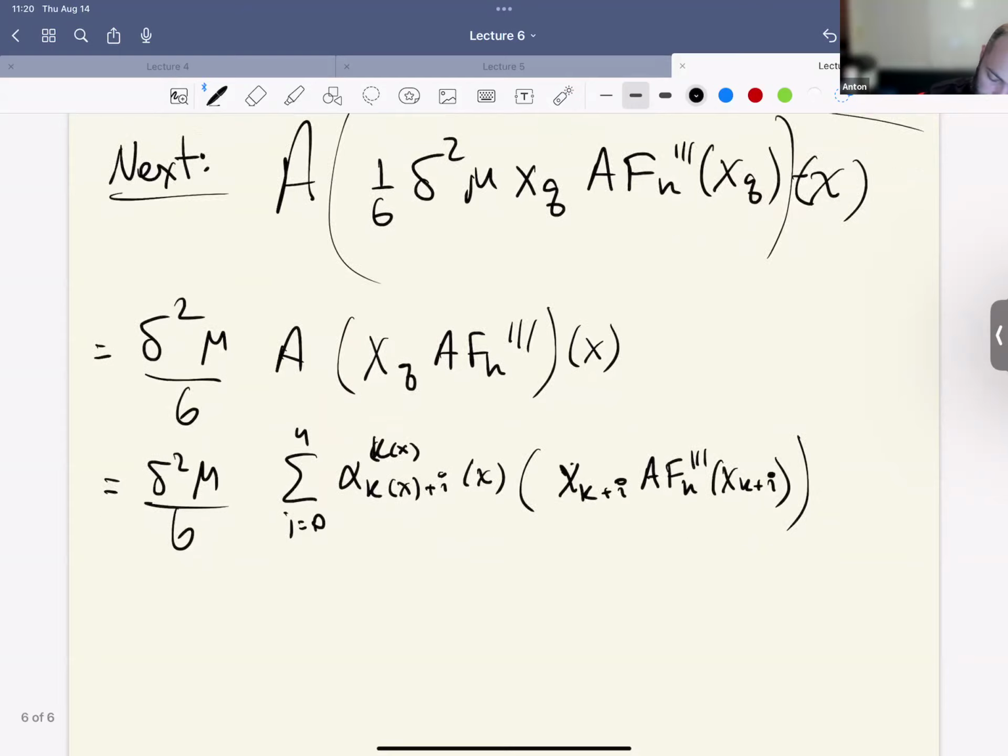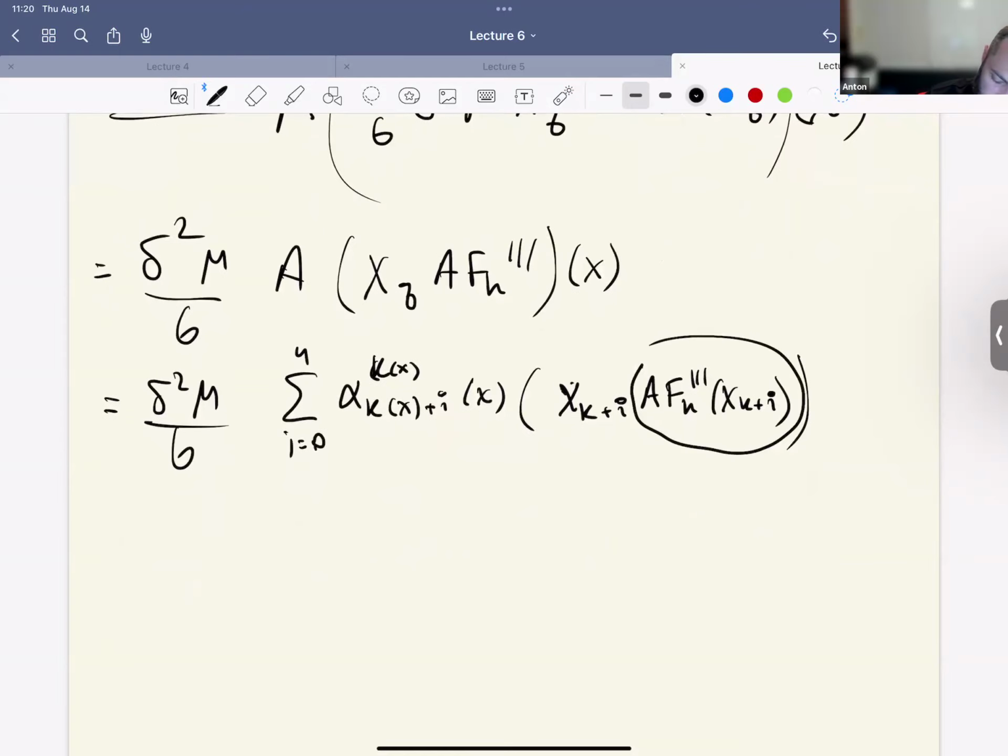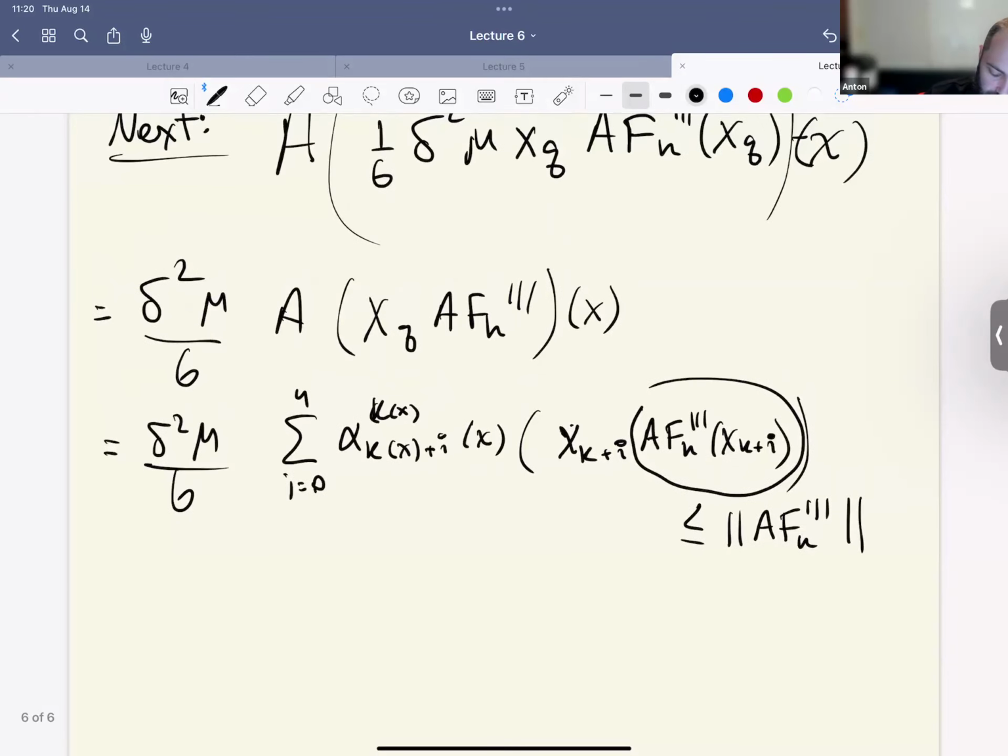Okay, now let us simply replace this by the norm of the third derivative. That's like a universal bound. And what do I get? I get that this whole thing is bounded by delta squared mu over 6, A applied to x sub q of x.